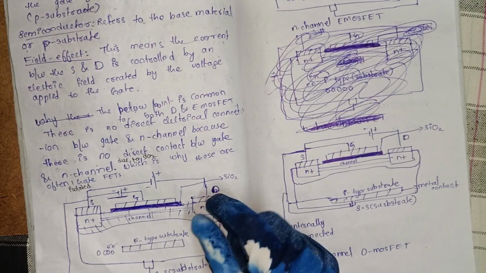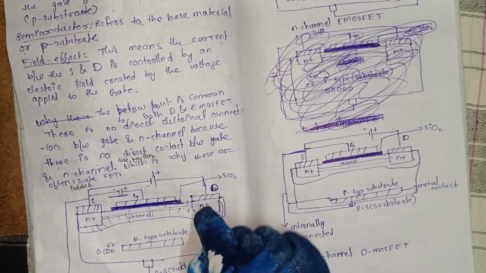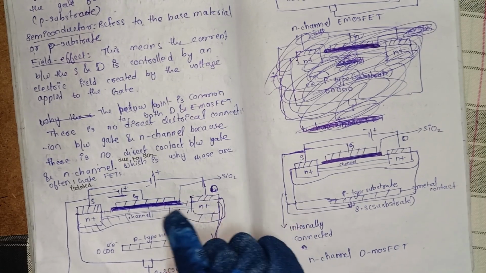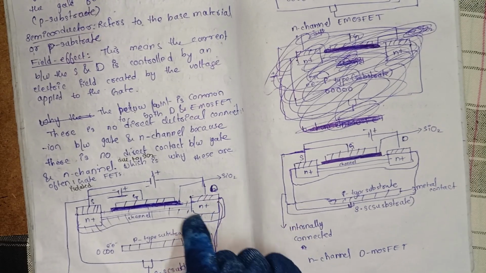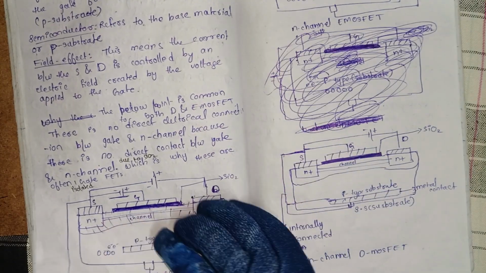Combining these two, the p type substrate and the n type region form a depletion region. The combination of these ions forms the depletion region.